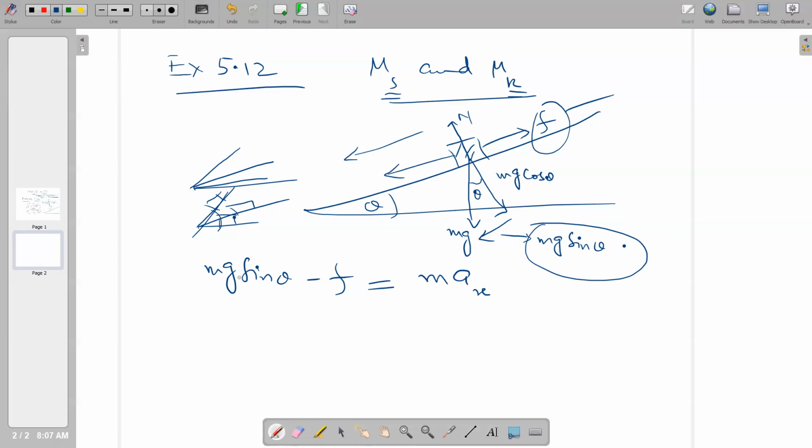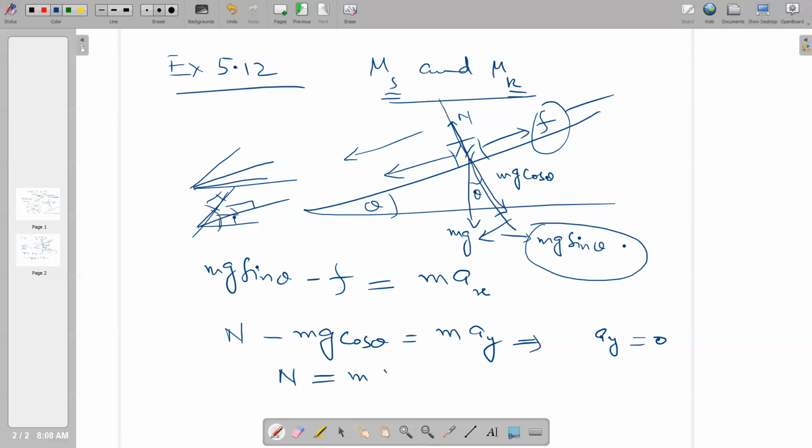The second equation is vertical. In this case, it is N minus mg cos theta is equal to may. Here ay is zero, because the body is not moving in the vertical direction. It is only moving along the incline. So we can write that N is equal to mg cos theta.